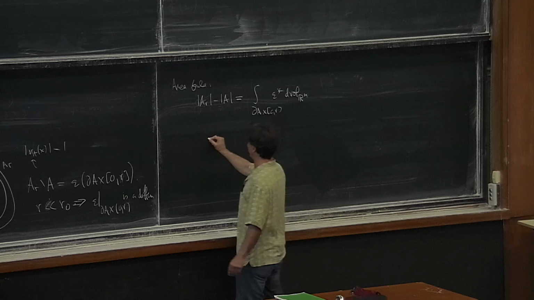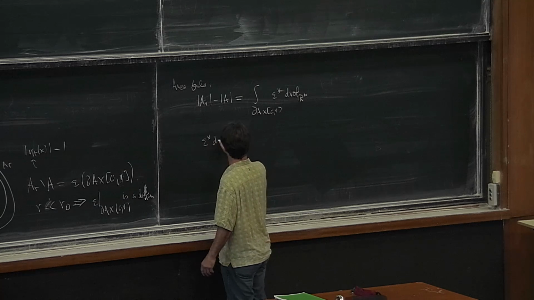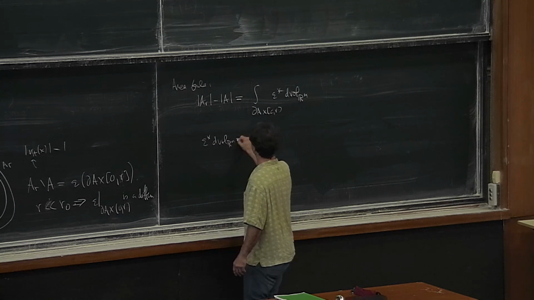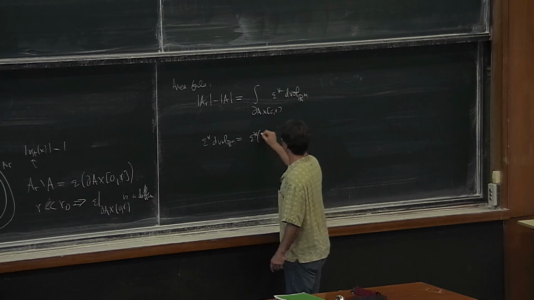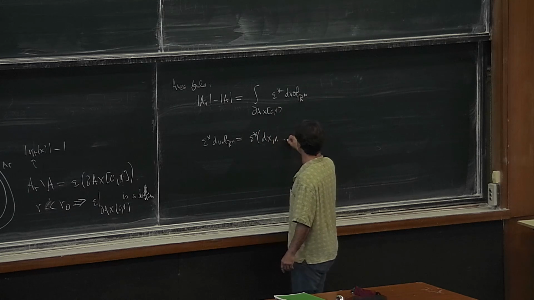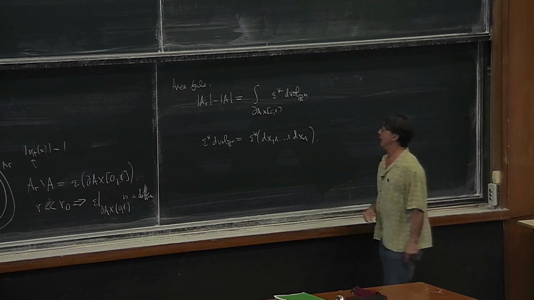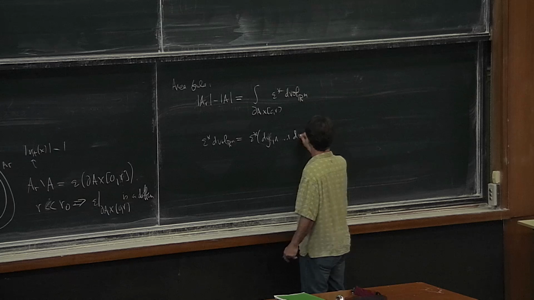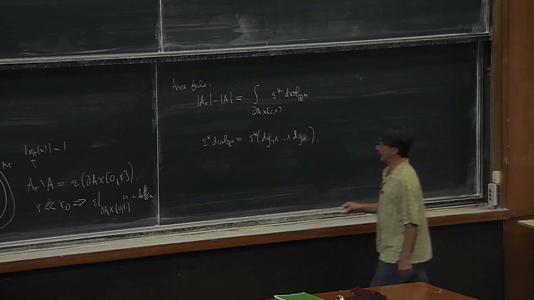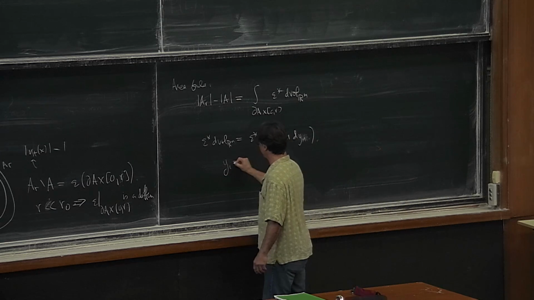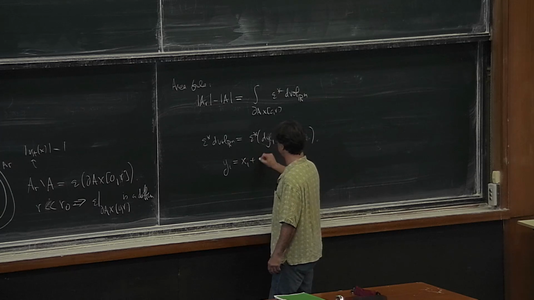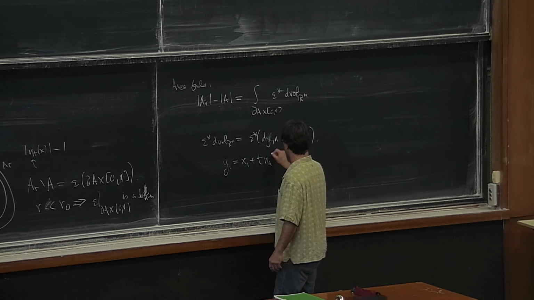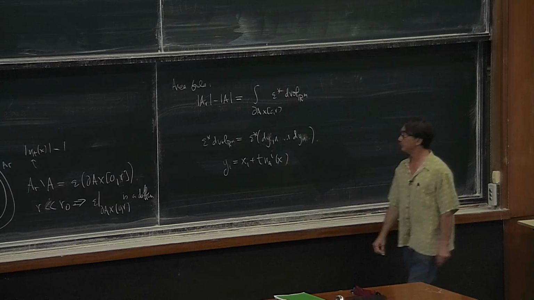And now the question is, well, what is epsilon star of the volume form? We can easily expand it as follows. Let me change this notation. We call these y's. So here, y_i I can think of as being x_i plus t times the ith component of the normal.